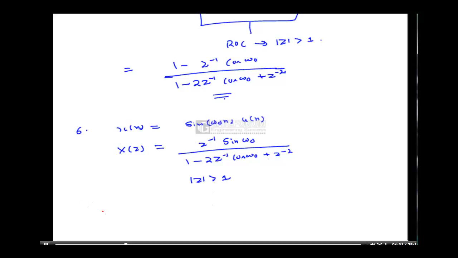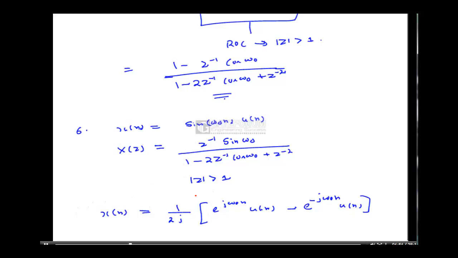The way of solving for finding the Z transform of sine omega naught n u[n] is again the same. I can write it as 1 by 2j, e to the power j omega naught n u[n] minus e to the power minus j omega naught n u[n].